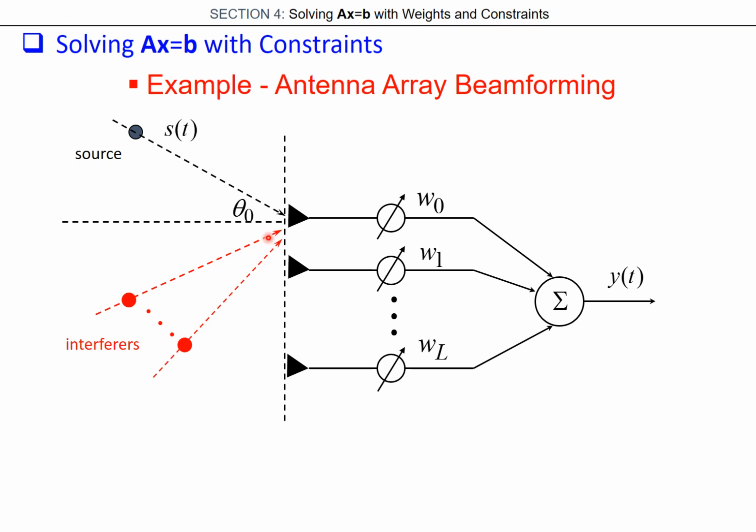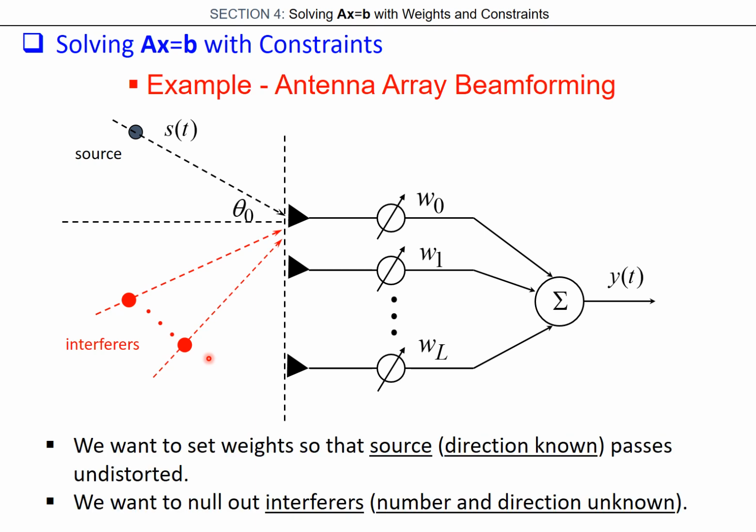So we have enemy interferers trying to block our reception, and we have a source where we know what theta 0 is, but we don't know the direction of the interferers. So we want to set the weights so at the source direction no one passes undistorted. It's simple to do that, to point in the theta 0 direction. But we want to do something else. We want to null out the interferers, even though the number and direction is an unknown.